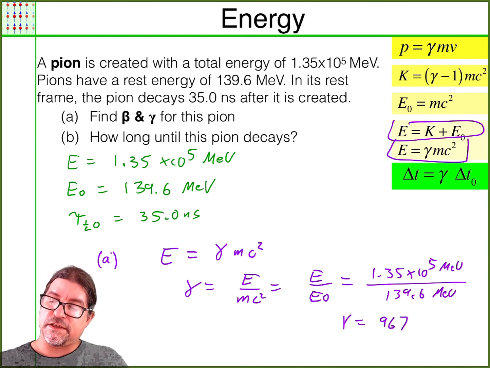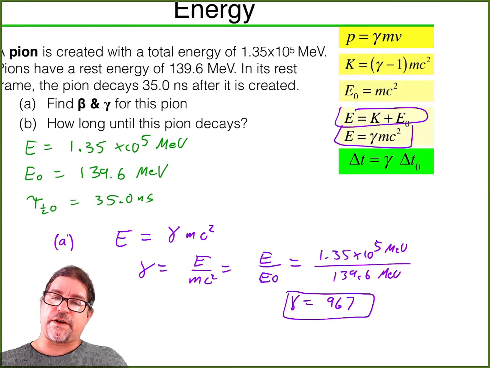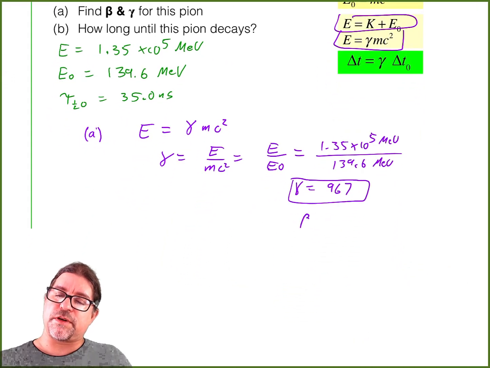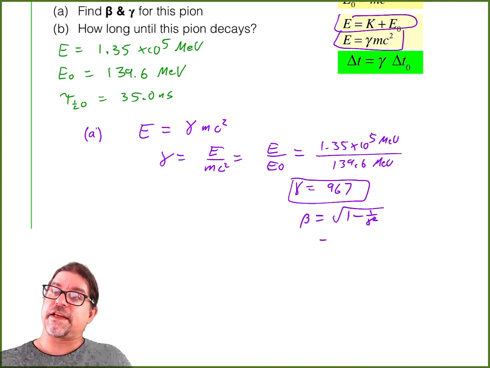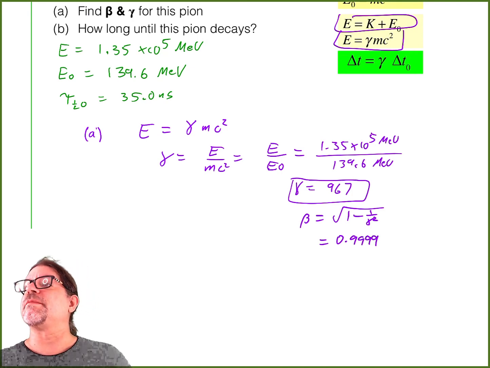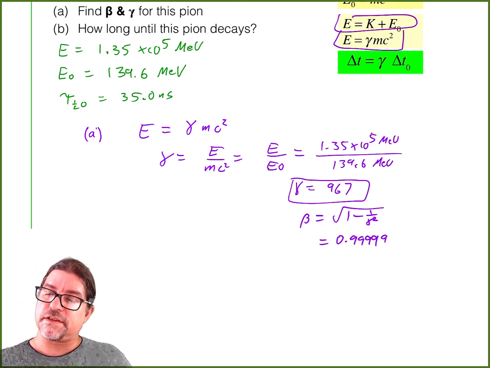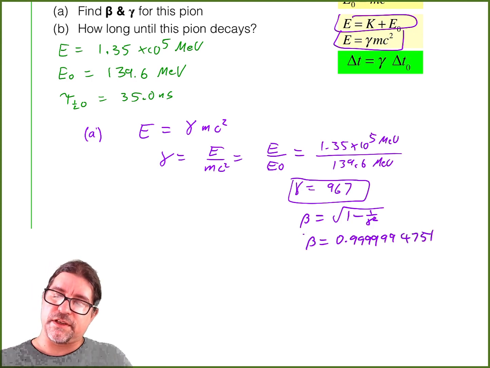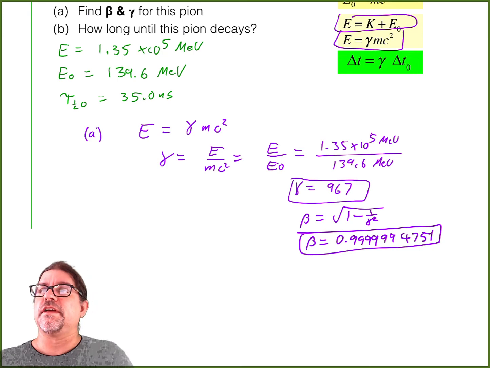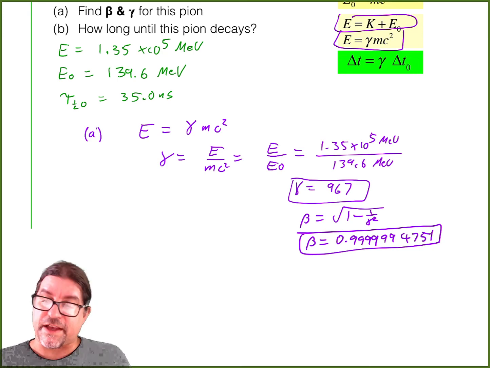That is a very large gamma, a factor of 1,000. If I use that to solve for beta, I invert the equation, beta equals the square root of 1 minus 1 over gamma squared, and I get that beta is about 0.999999, around six nines. That sucker is moving fast.